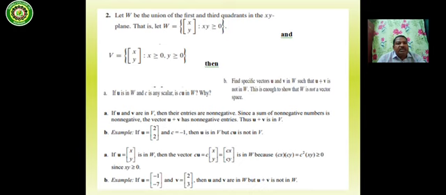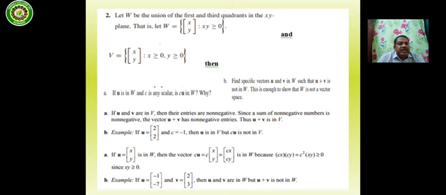So then what is the problem? If u is in W and c is any scalar, then is cu in W? So u belongs to W, c is a scalar, and we check whether cu is an element of W or not.